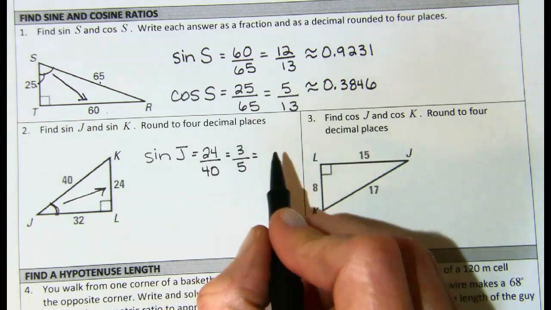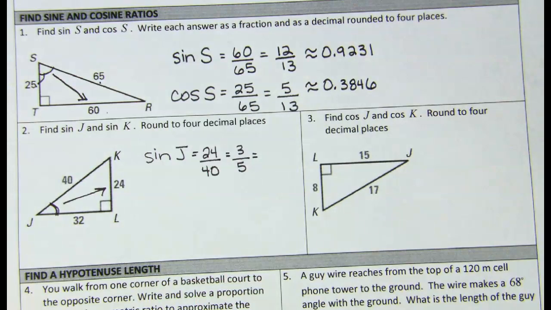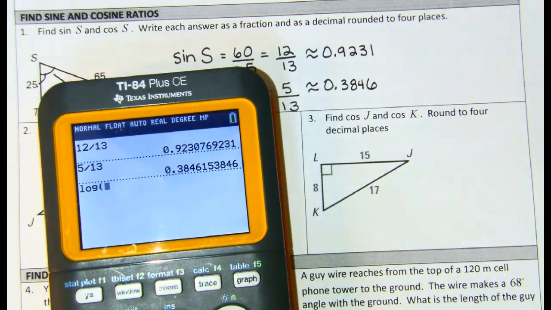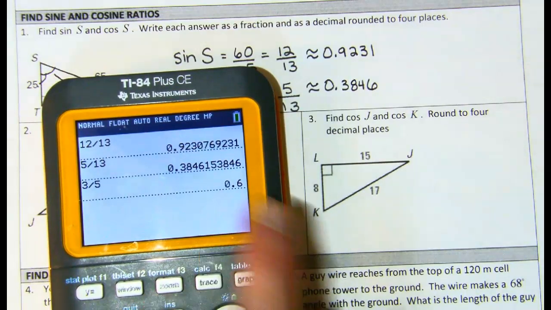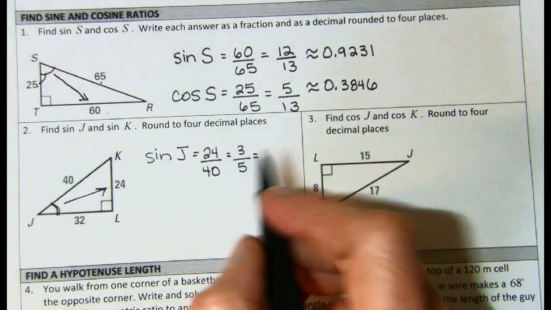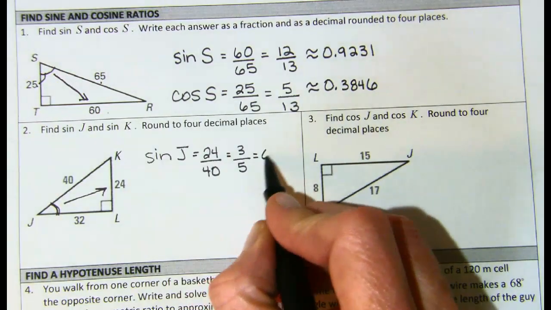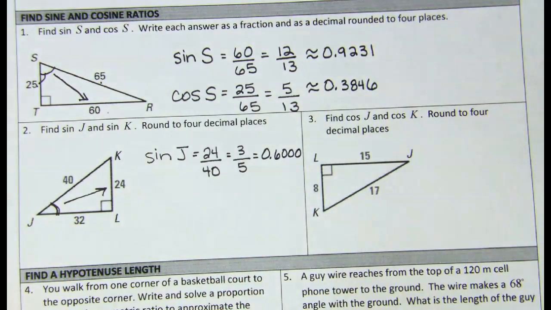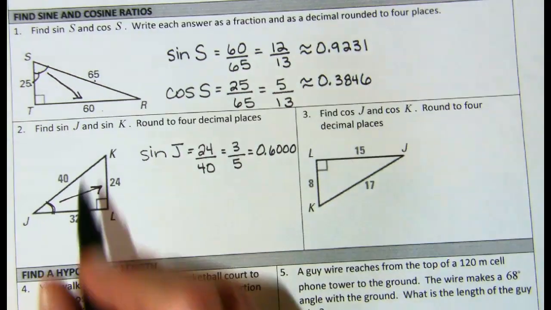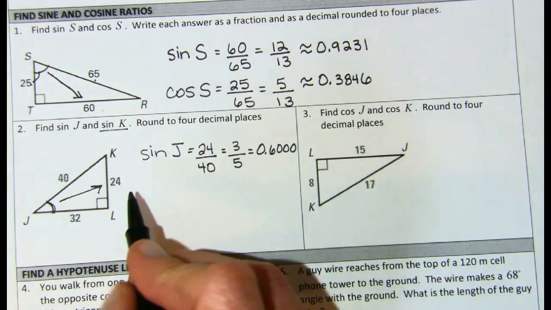On the calculator, if you actually divide that out, that's going to be 0.6. To prove that to you, 3 divided by 5 is 0.6. Now remember, we are rounding to 4 decimal places, so we have to add the digits in there. So this is going to be exactly 0.6000.